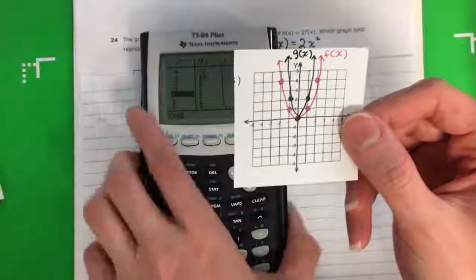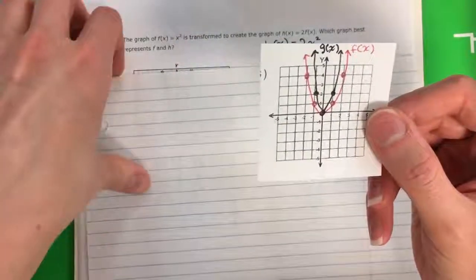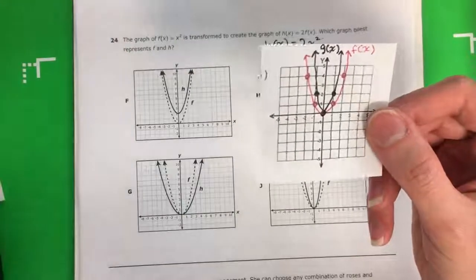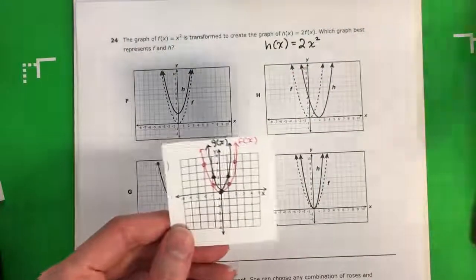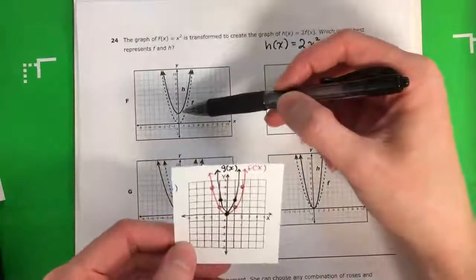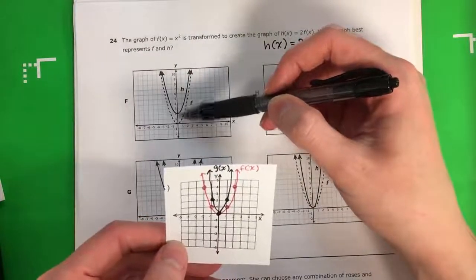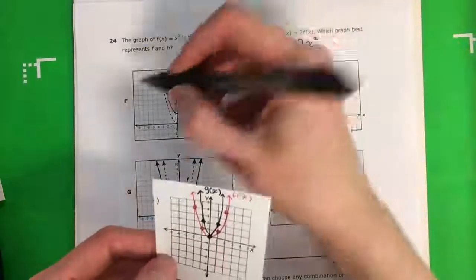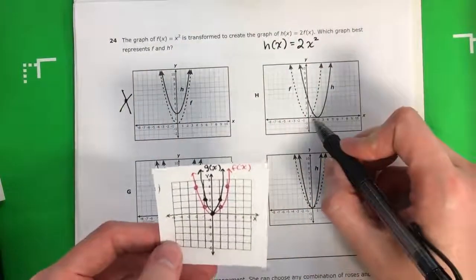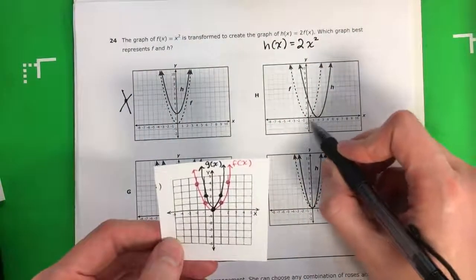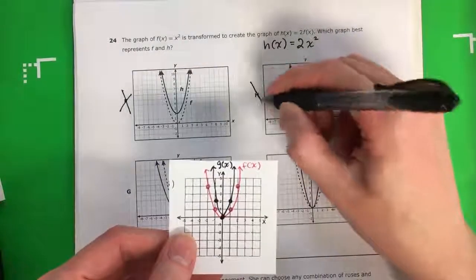Okay, so let's go ahead and see which one gives me something like this. Does that look the same? No, because this should be touching the 0. Is this the same? No, because it's moved to the left instead of being inside.